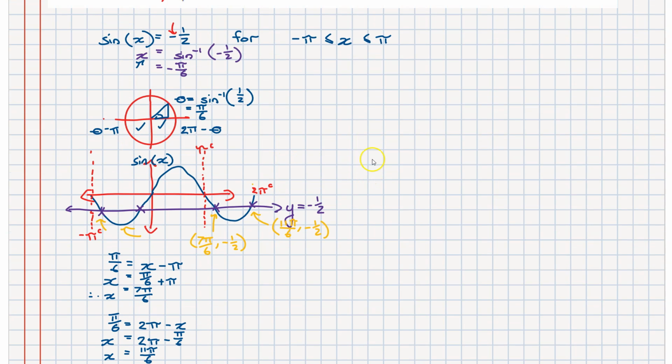Well, we're going to say x equals 7pi/6 plus 2k pi, and then 11pi/6 plus 2k pi. And then recall, whereabouts are we expecting these solutions to land? We're expecting them to land just to the left of the y-axis here.